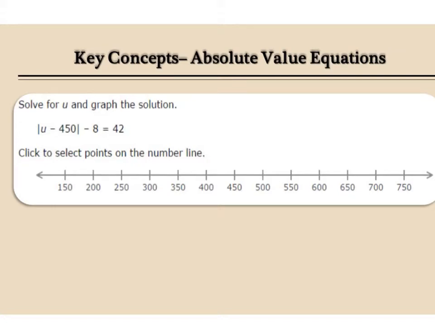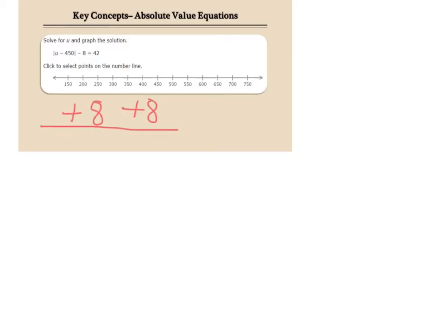Alright, here's the next problem. It says the absolute value of u minus 450, minus 8, equals 42. Well, if you notice, I have this minus 8. So I need to get rid of it before I rewrite the problem. So the first thing I'm going to do is add 8 to both sides. That eliminates the 8 over here.